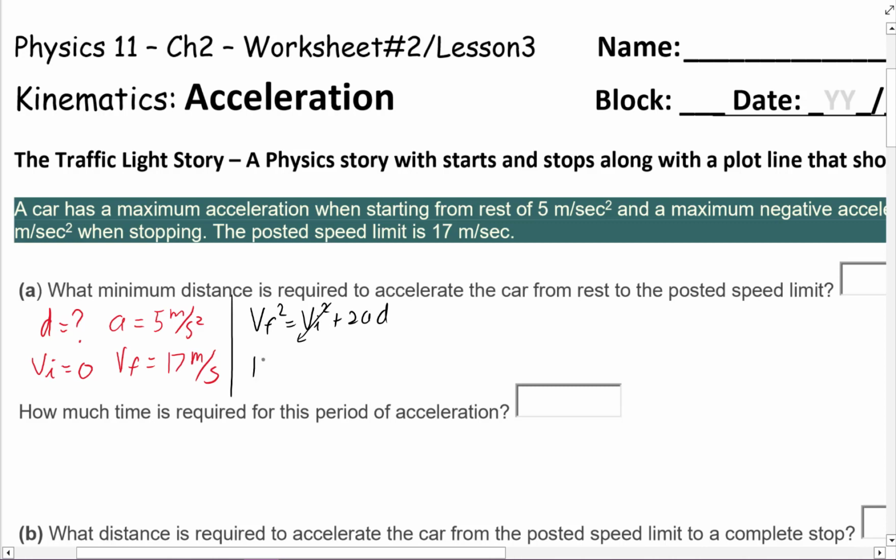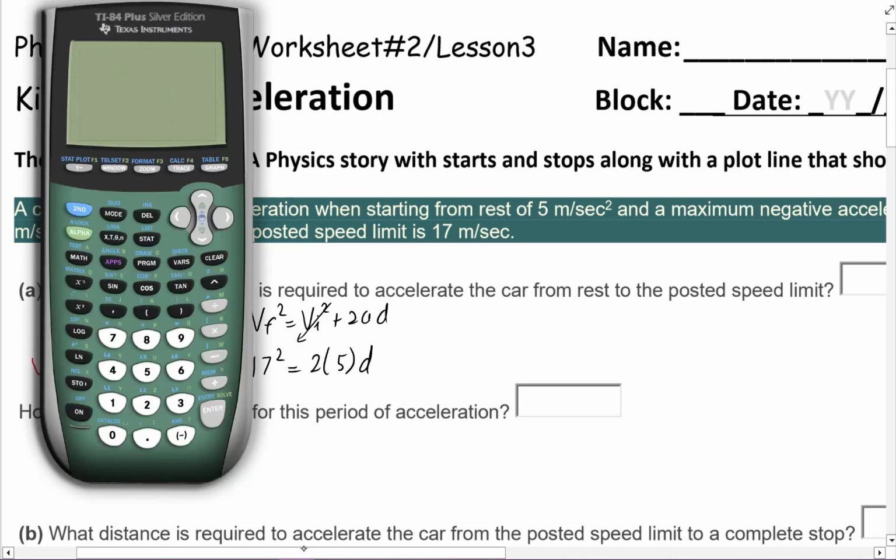And so 17 squared is equal to 2 times 5 times D. So D is going to be equal to 17 squared divided by that 2 and also divided by that 5.